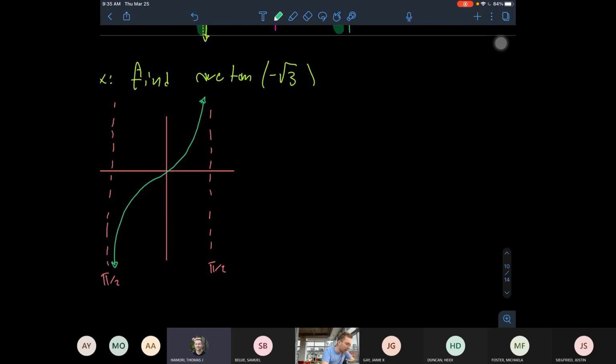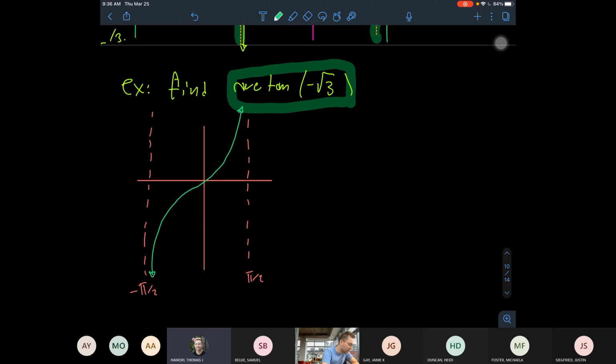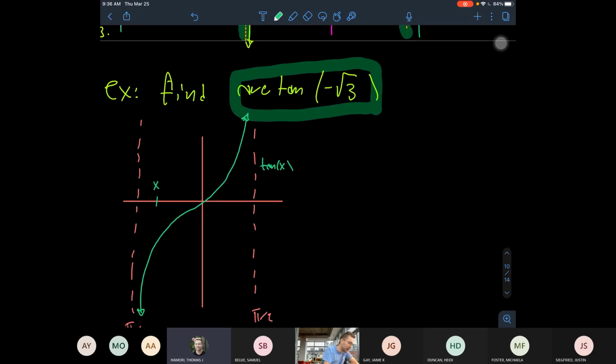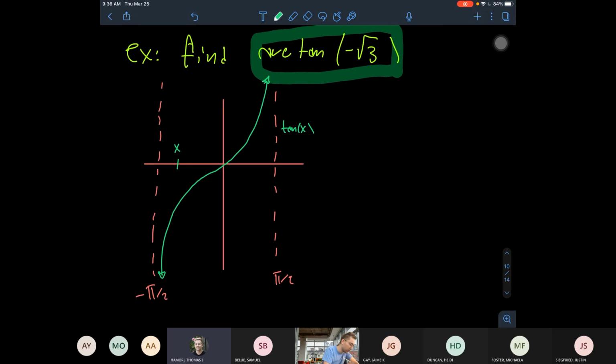And the meaning of this number here is this is the x value such that if I plug this x value into the tangent function, I get the y value negative square root of 3.